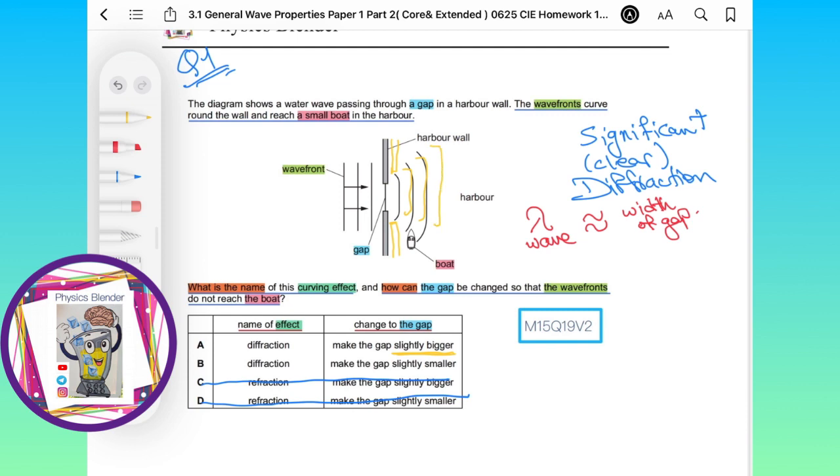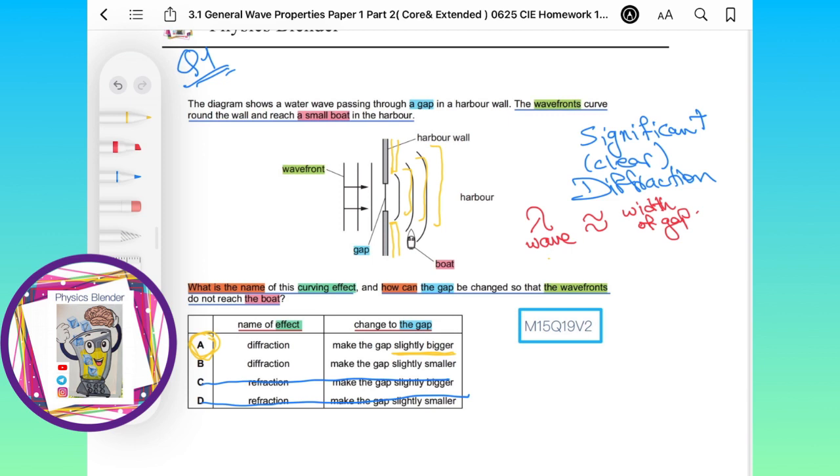So they will not reach the boat, and you will find slight bending at the edge of the wavefronts. Okay guys, so the gap will be slightly bigger, so the answer is A, and the name of this effect is diffraction. So significant or clear diffraction, you will find it if the wavelength of the wave is approximately equal to the width of the gap, but this is not the case here.